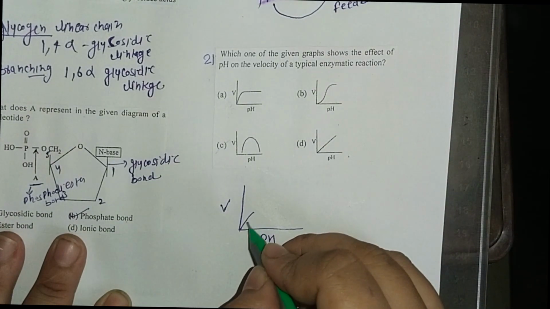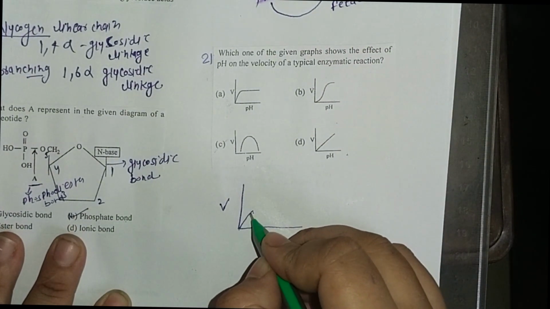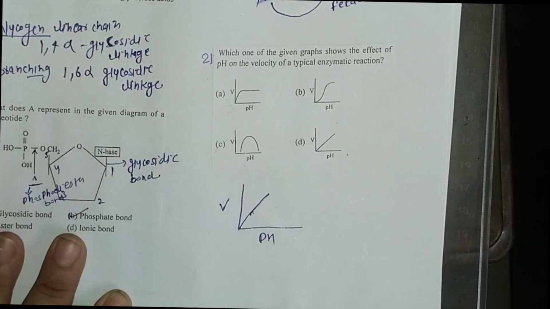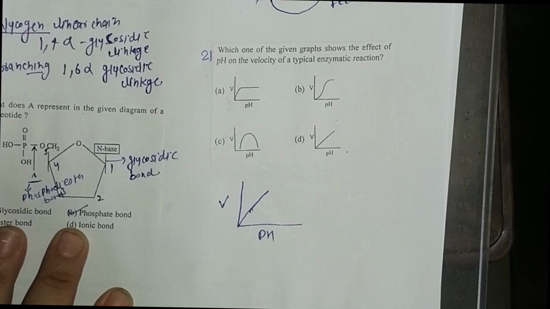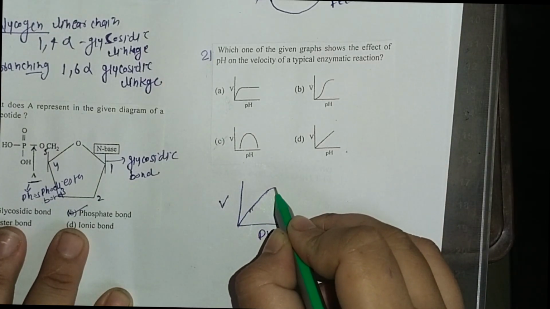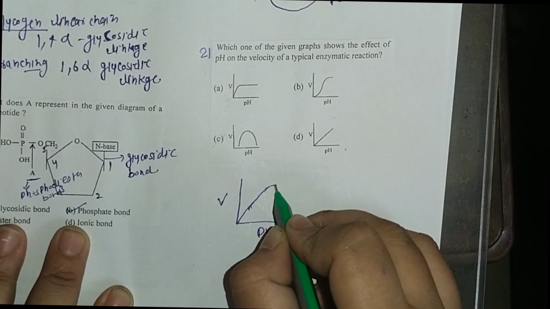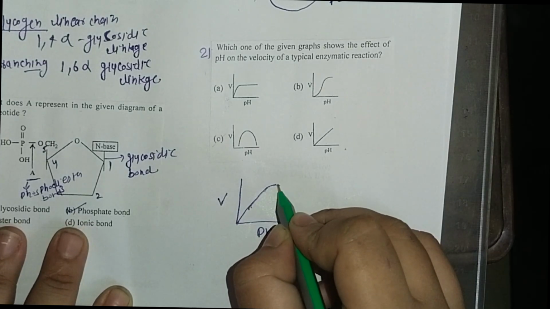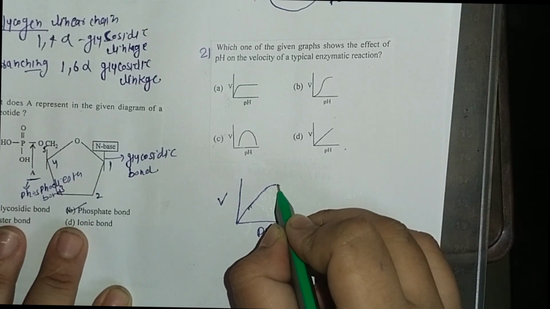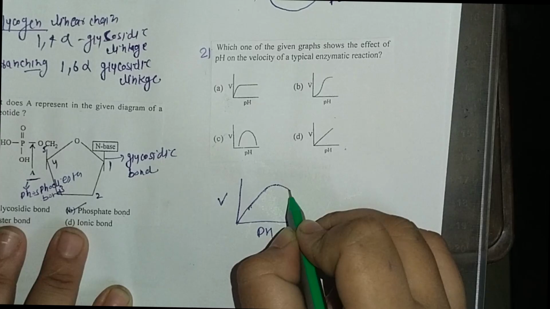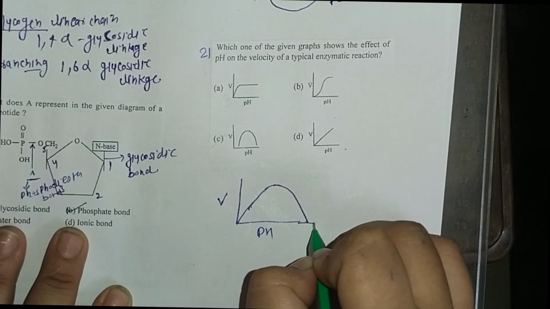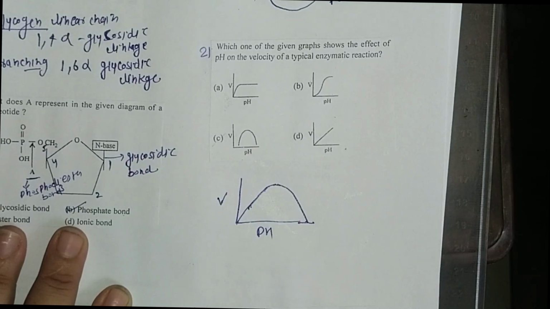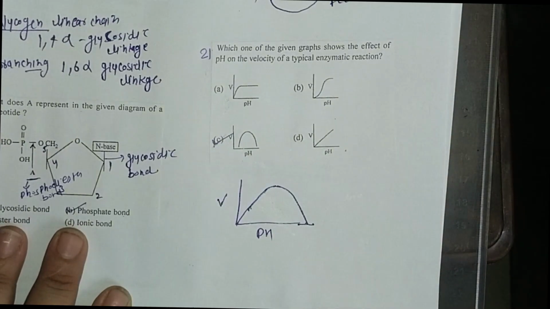If we are increasing pH, the enzymatic activity is increasing to a certain point. After it reaches the neutral pH, the enzyme shows maximum activity, and after that the activity of the enzyme reduces. So the correct answer is C.